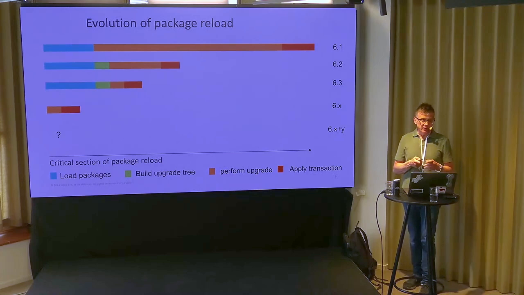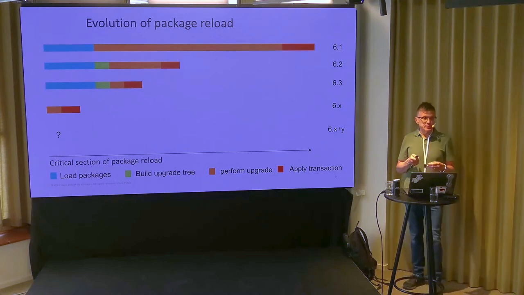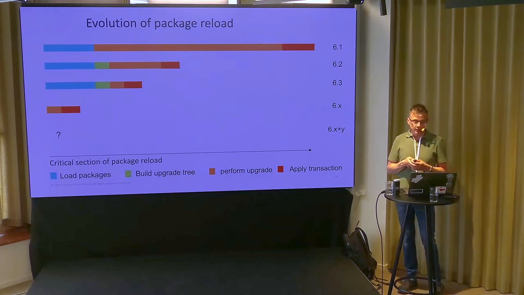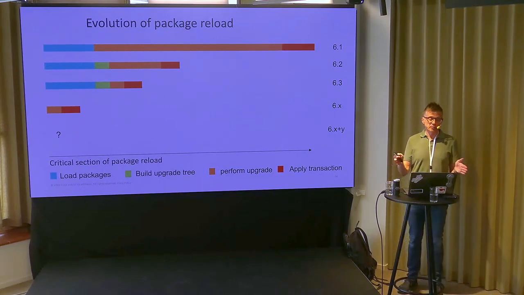And I think this is an example of Amdahl's law, because the blue bar, the load of packages bar, is a sequential process for now. So we might do something there. So we have different options here. We might reduce the blue bar by doing it more efficiently.